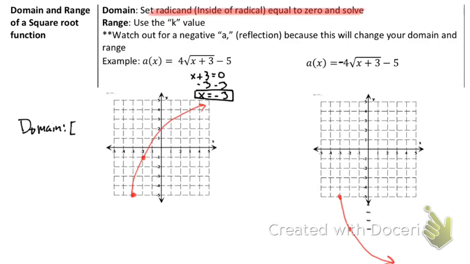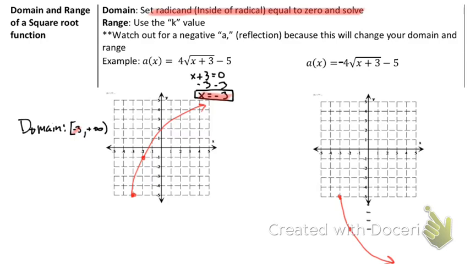So my domain is -3, comma, and then how far to the right does it go? It goes into positive infinity. Okay? I want you to notice this matches what we got for x when we set the radicand equal to 0 and solved. And that's kind of what the rule is talking about up here.